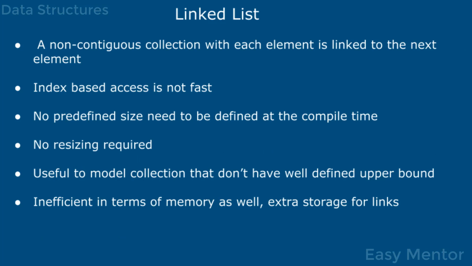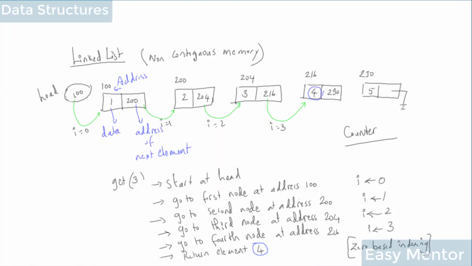Another alternative that we can use to implement these abstract data types is a linked list. A linked list is basically again a collection like an array, but what distinguishes it from an array is that the elements in the collection need not be contiguous, so they can be present anywhere in the memory. That means the compiler doesn't have to reserve a predefined contiguous space.